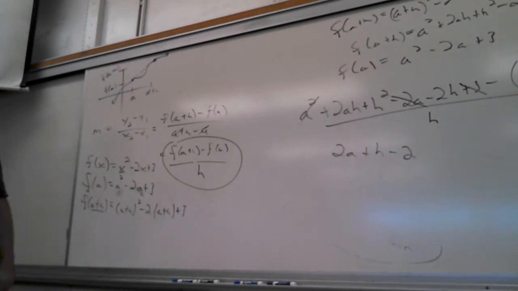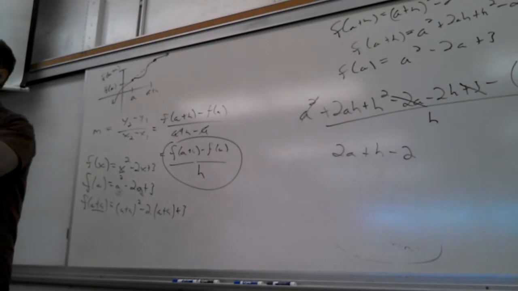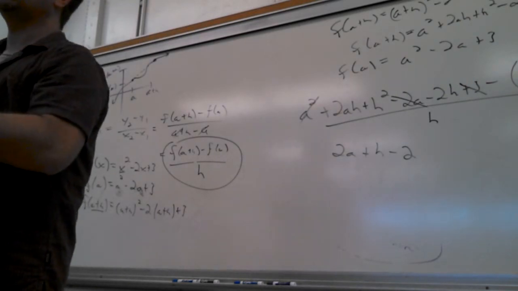Here's what calculus tries to do, which seems impossible. Calculus tries to determine the slope of a function at a point. Why does that seem impossible? How many points do you need to calculate a slope? You need 2. And calculus says, I want to know the slope at a single point. So physically, what would that mean?